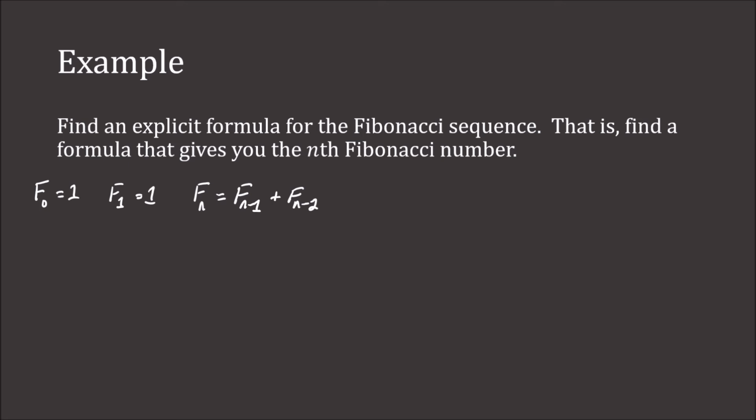So we need the characteristic equation first. The characteristic equation is t squared minus t minus 1 is equal to 0.